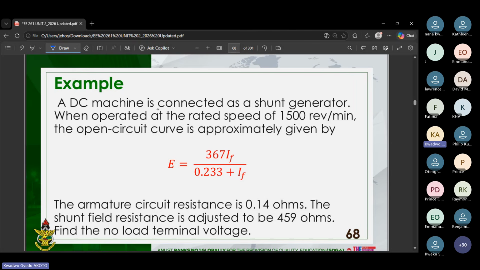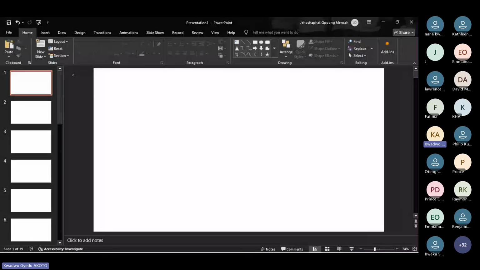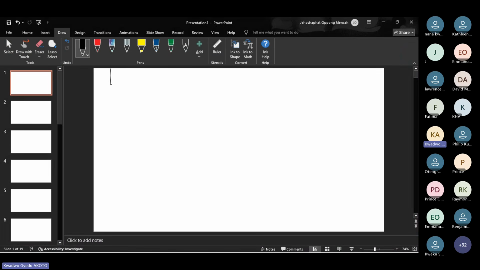Okay, so let me just do this for now. All right. So we know that our E is equal to G of IF.